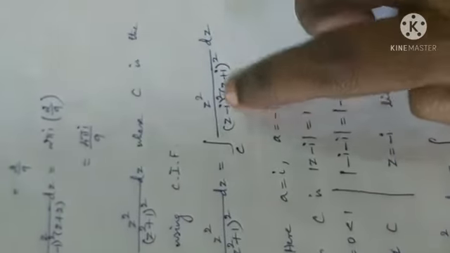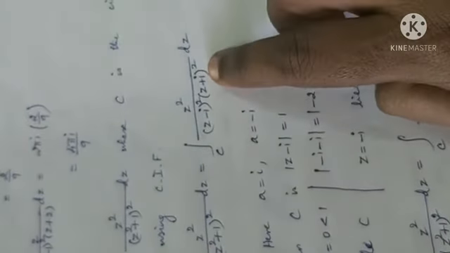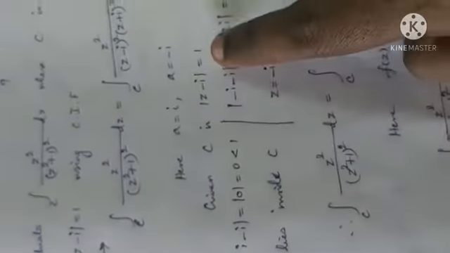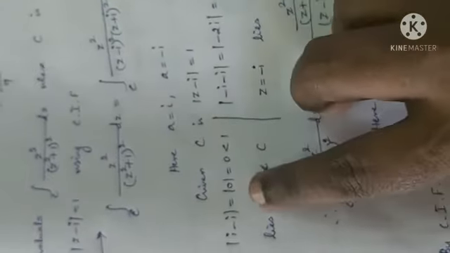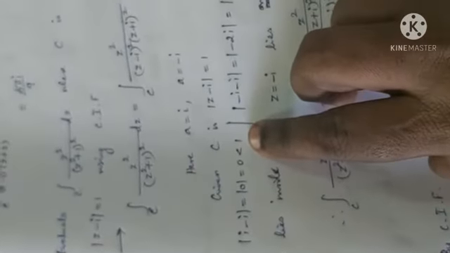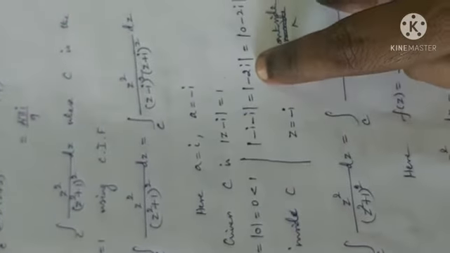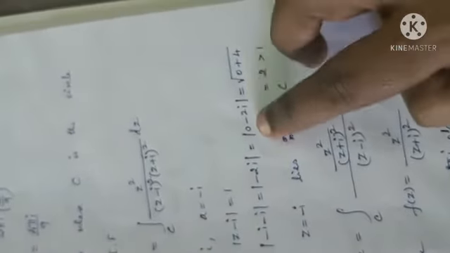Listen here, you have to check whether i and this minus i lie inside the curve. When a is i, modulus is 1, it is less than 1. When a is minus i, which is minus 2i, it is root of a square plus b square, a plus ib form.